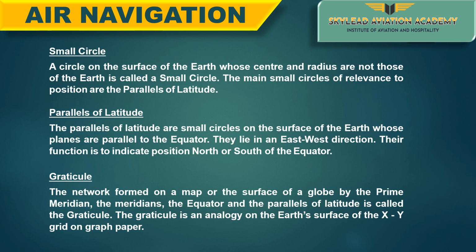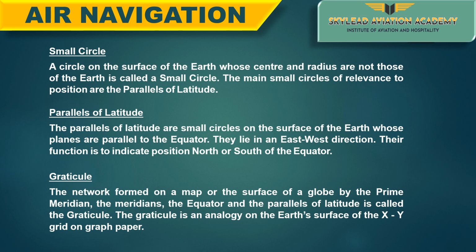Small circle: a circle on the surface of Earth whose center and radius are not those of the Earth is called a small circle. The main small circles of relevance to position are the parallels of latitude.